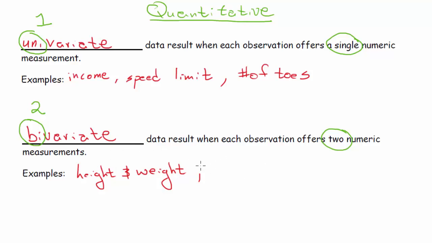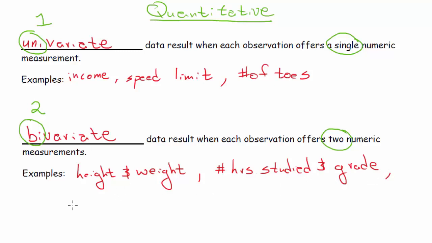Let's say I looked at the number of hours studied and someone's grade. From each person I'm getting two numbers: one representing the number of hours studied and one representing their grade on a test.